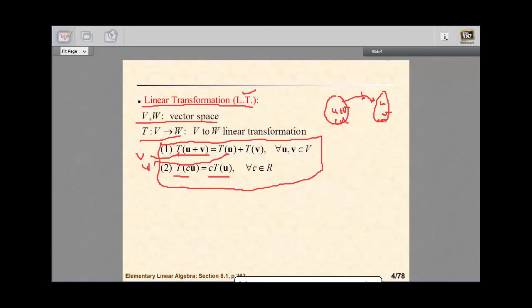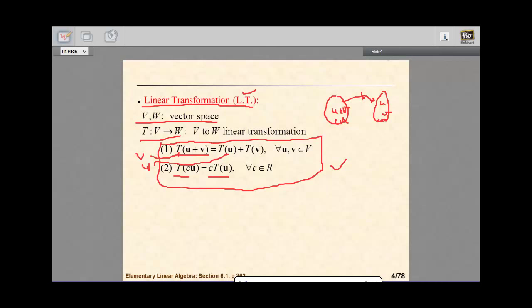Whenever you are asked to prove or verify whether it is a linear transformation or not, you have to satisfy these two points. If both are satisfied, you say it is a linear transformation. If any one is not satisfied, you say that it is not a linear transformation.